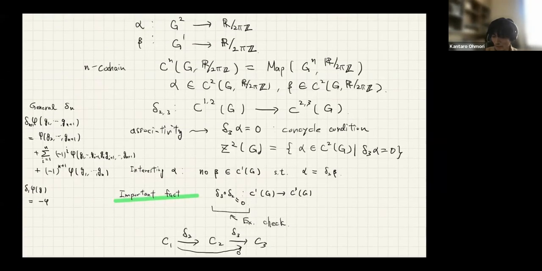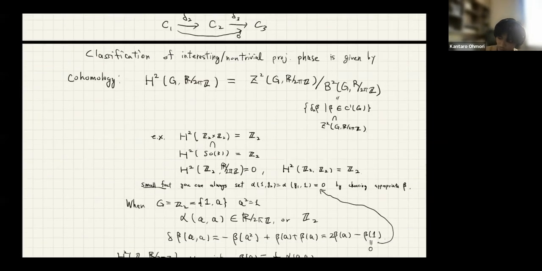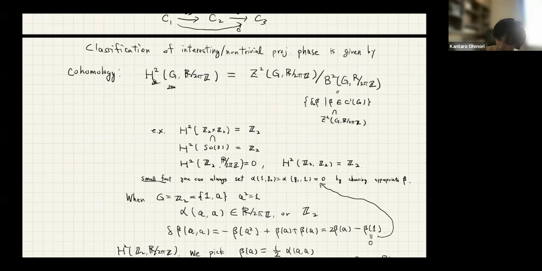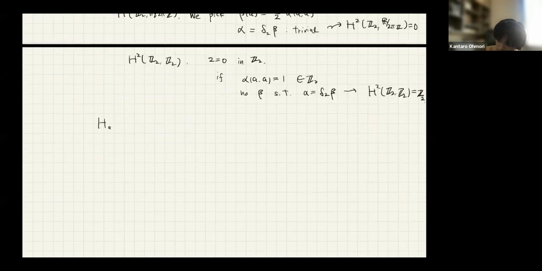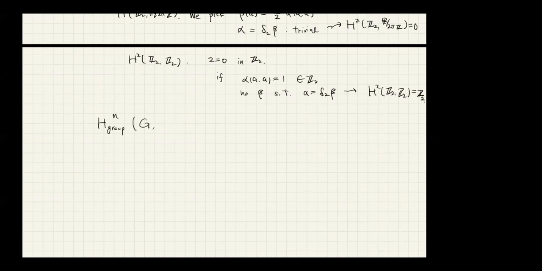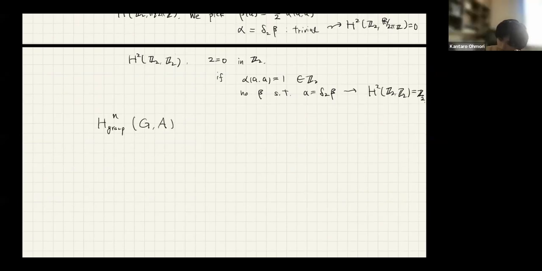But it's also this group cohomology of G valued in some abelian group A, which equals the algebraic topology cohomology of some particular topological space.